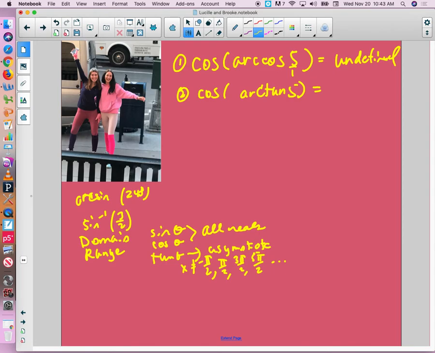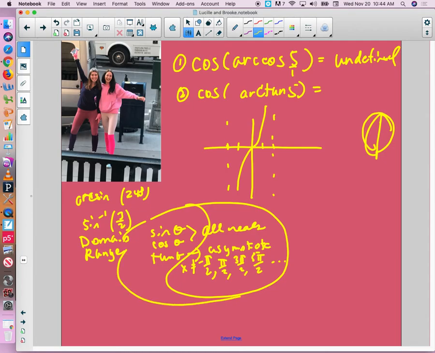I haven't really told you how to write that yet, so I won't be asking that. But think about your tangent graph. It went from negative pi over 2 to pi over 2, and every time you hit a pi over 2 or negative pi over 2, it's undefined. That's the domain.